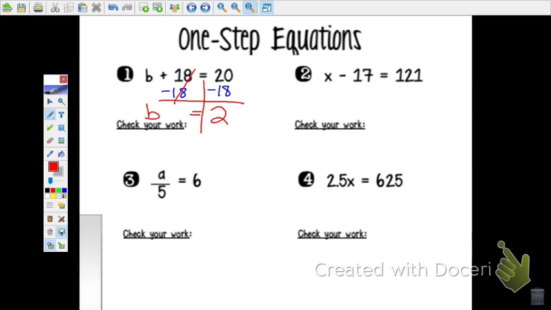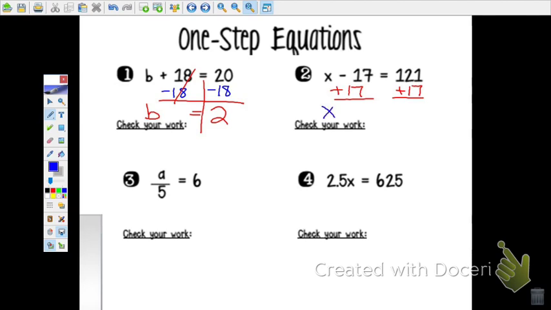So moving on to number 2, this time I have x minus 17 equals 121. So what do I do to make this negative 17 a 0? I need to add 17 to both sides of the equation. So I drop down my x.